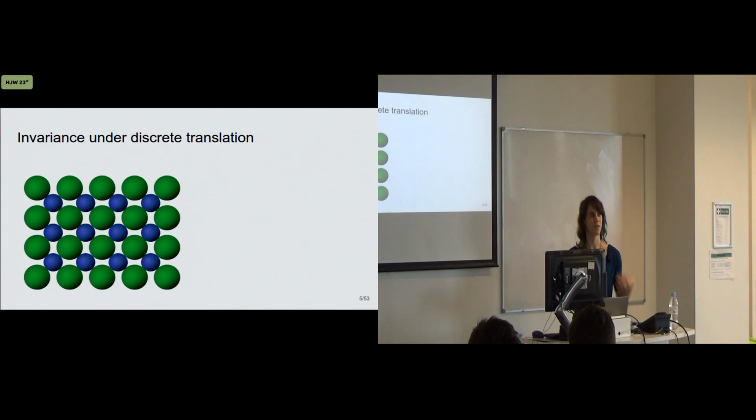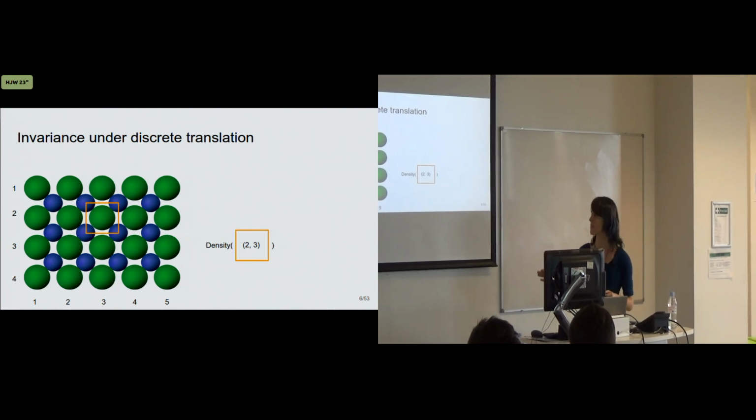It's about functions that are invariant under symmetry operations. So what do I mean by that? For example, we can think of the electron density in this crystal as a function of the coordinates, x and y. I'll forget about z just because it makes it too complicated.